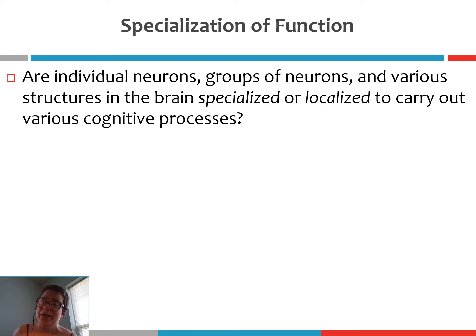So can we pinpoint individual structures in the brain as being the origin or the neural architecture that allows for specific types of cognition?